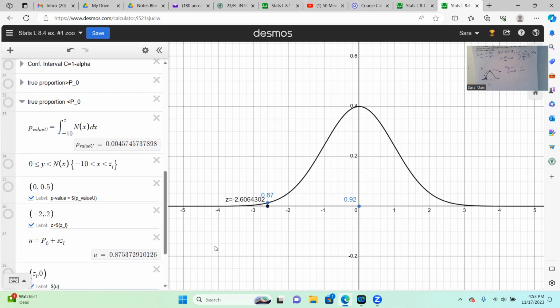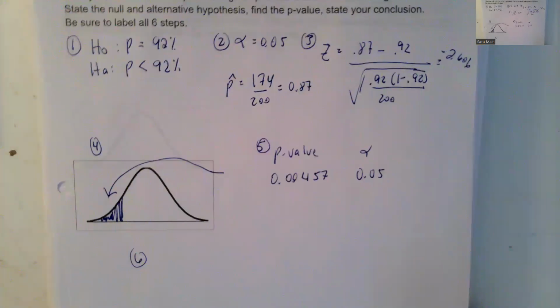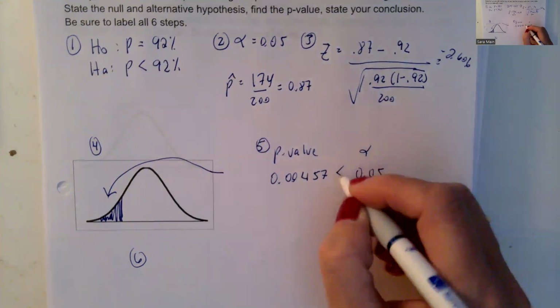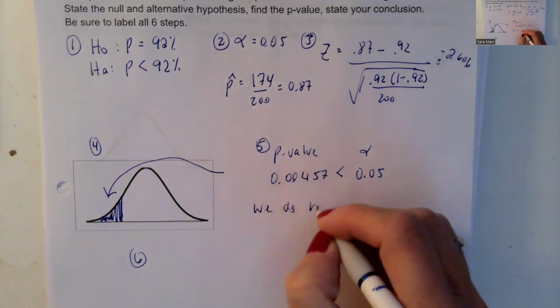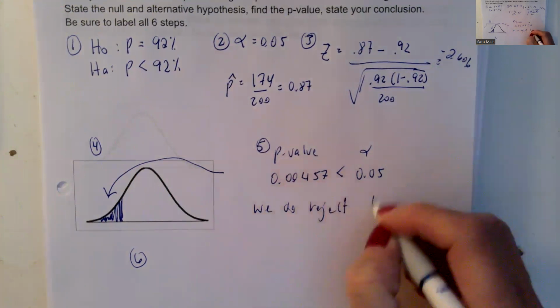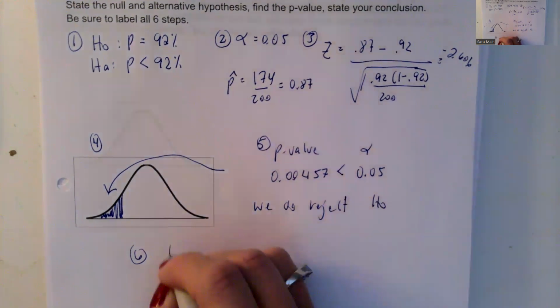So let's go back to our paper. We have our p-value. So our p-value is definitely less than alpha. So we do reject H0.